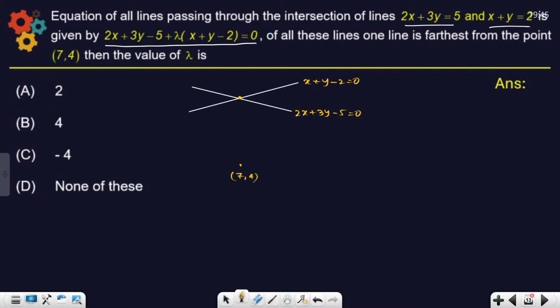Farthest from the point. Can you tell me which line will be farthest from this point, passing through this point of intersection? There are millions of straight lines, an infinite number of straight lines passing through it. But which line will be the farthest from this point?